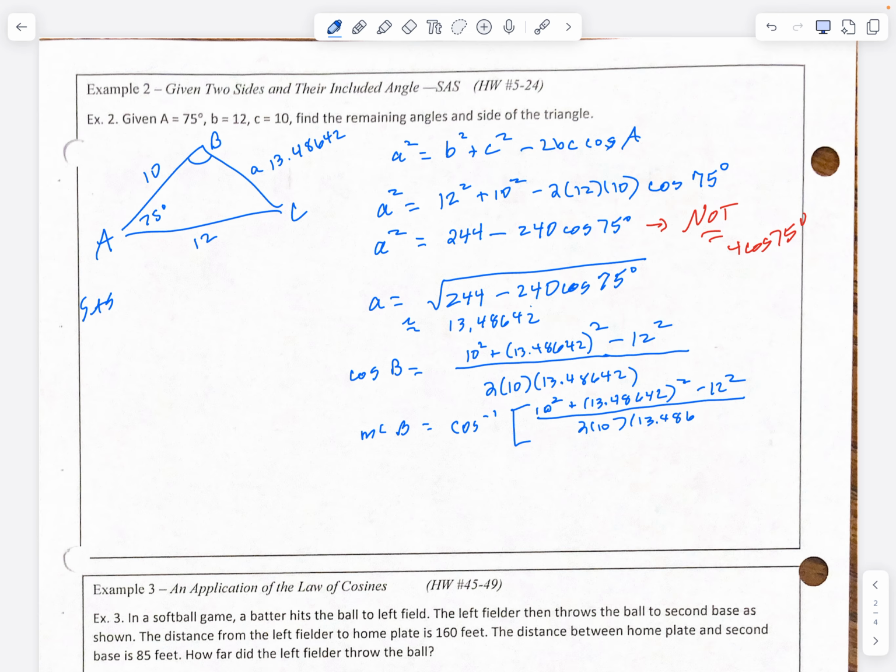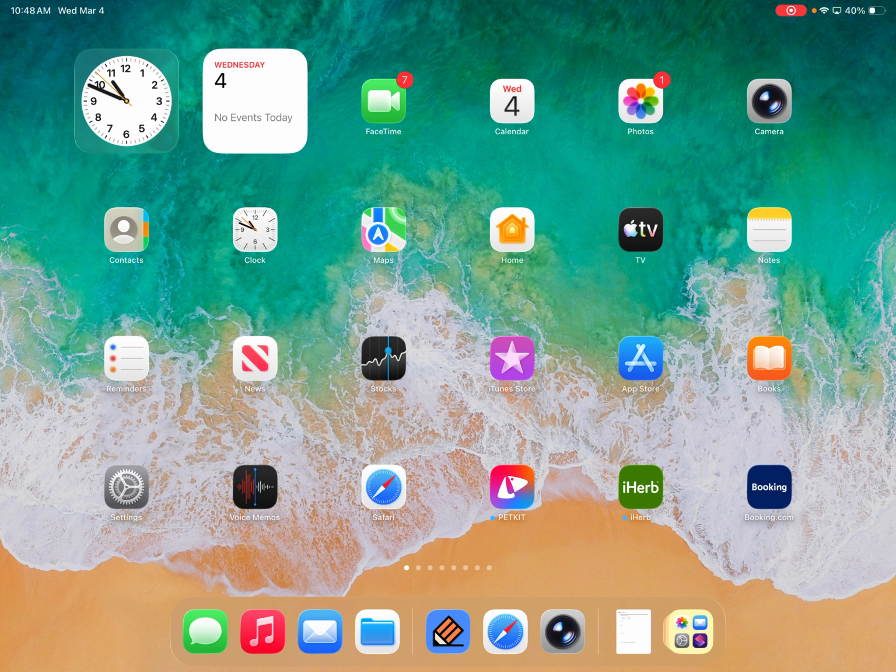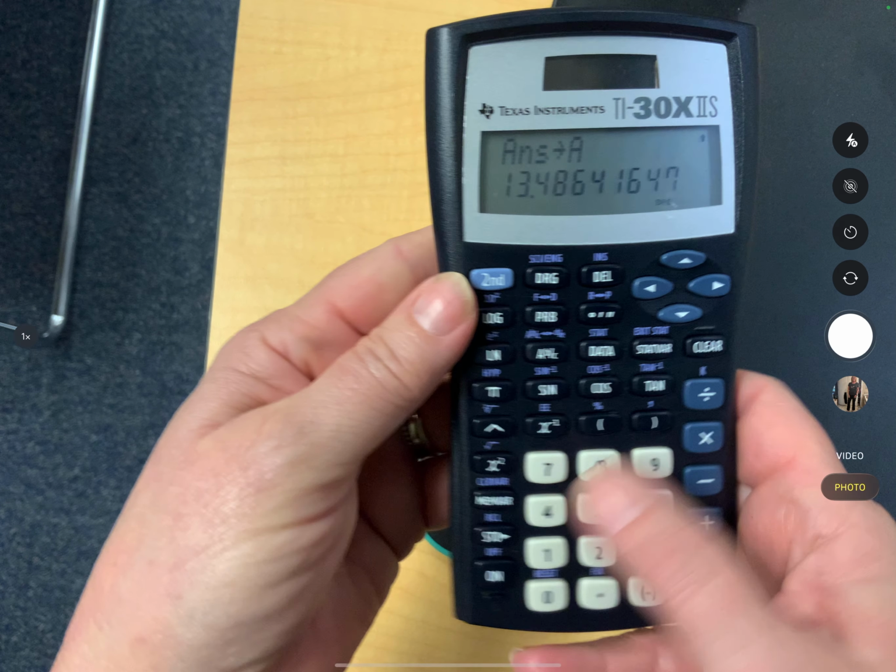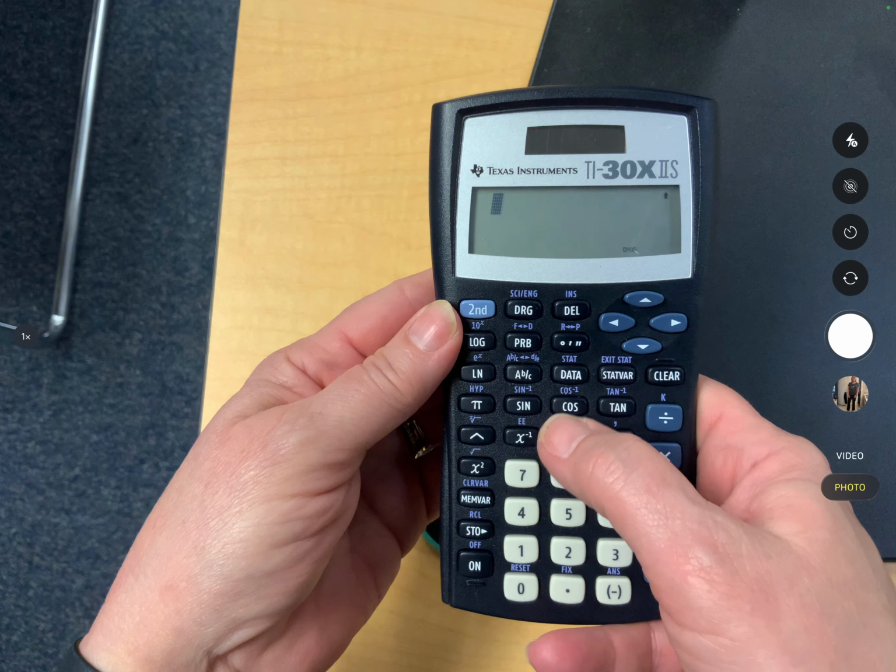So this is home, first, second. And the distance from the left fielder to home plate is 160. The distance between home plate and second is 85 feet.